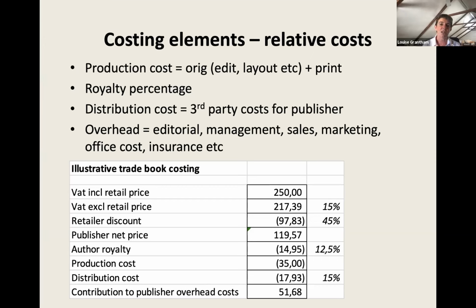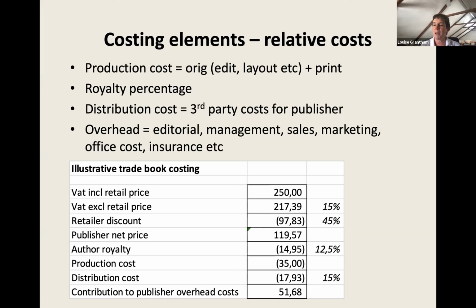But again, as I've said, that varies, and Johan will talk no doubt to the things that influence the distribution cost. And so we have a contribution to the publisher's overhead of 51 Rand in this case. But that hasn't taken into consideration any of the overhead costs. So we haven't costed in sales, marketing, office costs, management, editorial oversight over the project or publishing, insurance, anything like that.